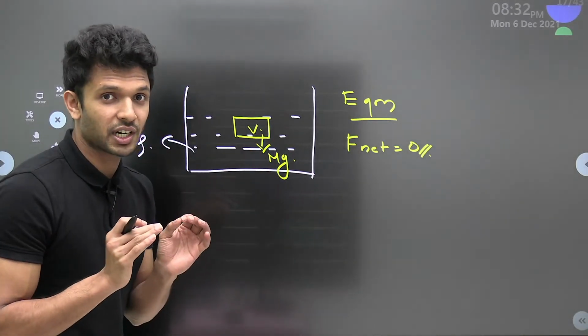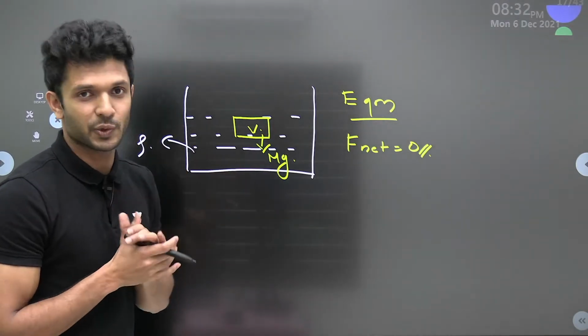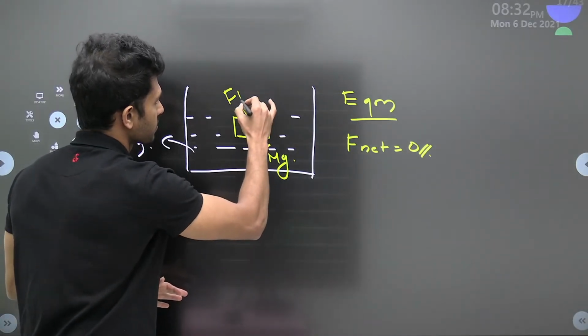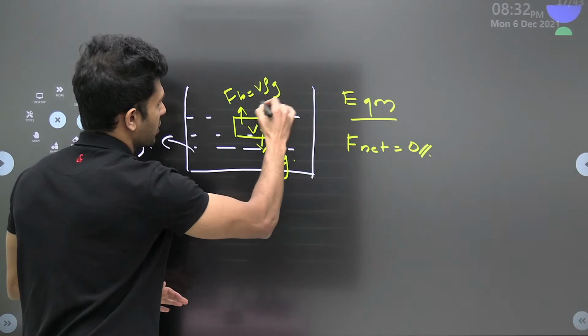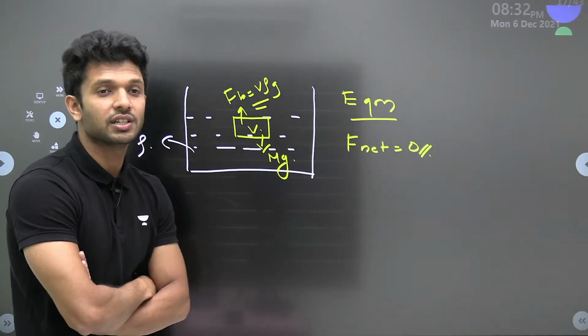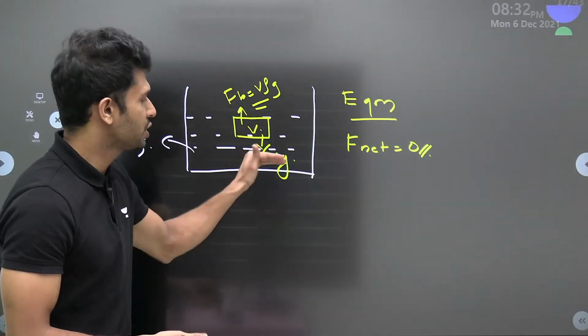So many questions are going to come, so understand the concept. Then only you will be able to do the questions. I'm warning you. mg. Is there any other force? Yes. Buoyant force acting on the body, which is V rho g. Net force is 0. Any connection between V rho g and mg?